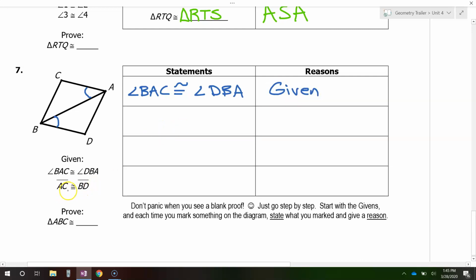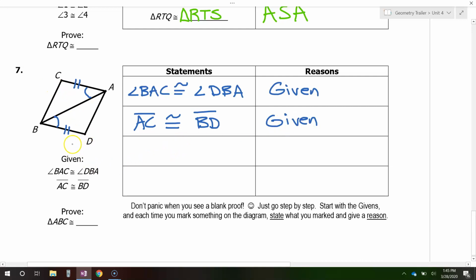All right, we're also given that segment AC, which is right here, is congruent to segment BD, which is right here. Let's write that down. So segment AC is congruent to segment BD. All right, given.